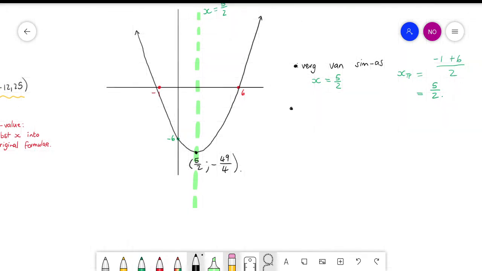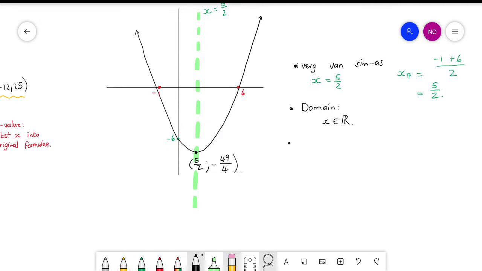Find the domain, die definisieversameling. It's always the same for a parabola. Almal by?